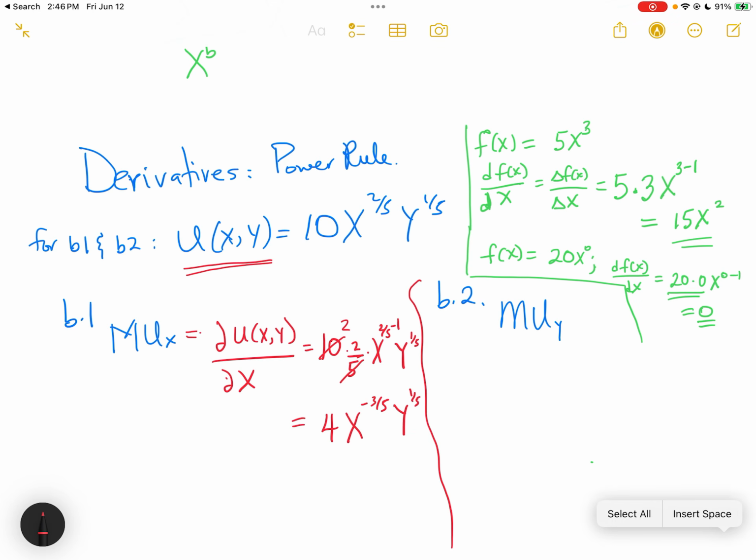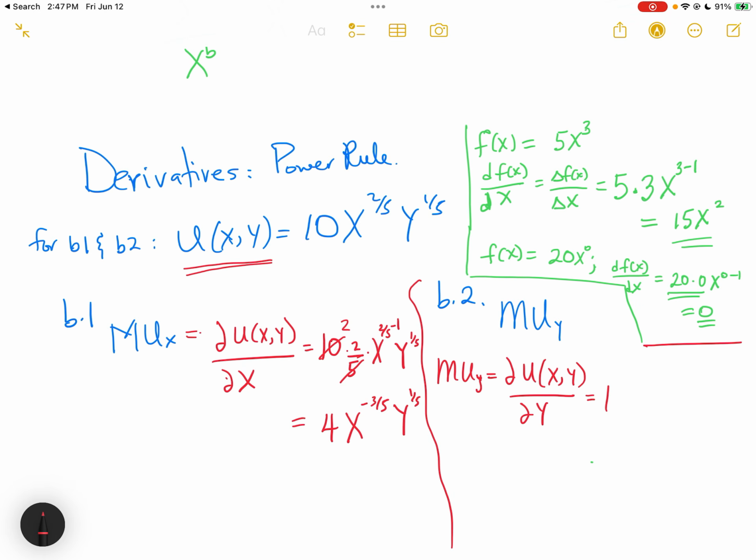In that same spirit, if I were to find the marginal utility of good y, then MU y is equal to the partial derivative of the utility function with respect to y. Now you can pause the video here and see if you can get the correct answer on your own, just like I will be doing in a few seconds. Right?